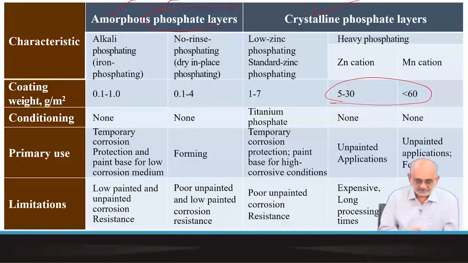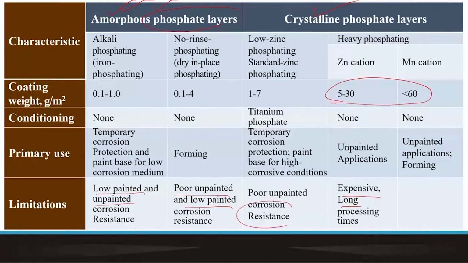As a result, it gives poor unpainted and low painted corrosion resistance. But in the case of a crystalline layer, which is slightly thicker and slightly more expensive, the corrosion resistance will be much higher compared to the amorphous layer.